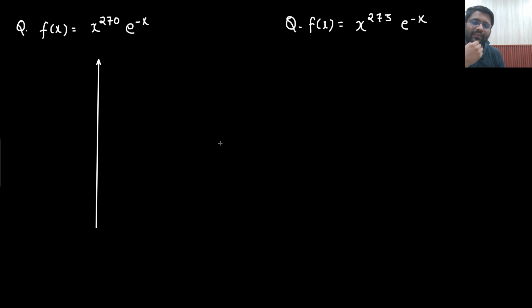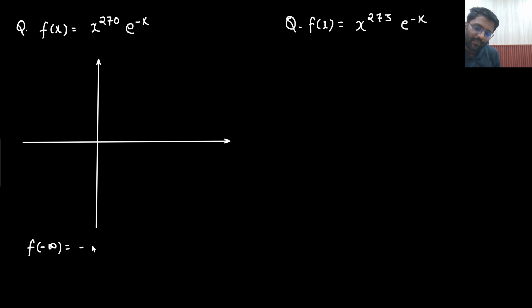What will be the value at minus infinity here? F of minus infinity will become minus infinity to the power 270 e to the power infinity. So infinite into infinite will become infinite only. Right? So the graph will be starting from infinity.